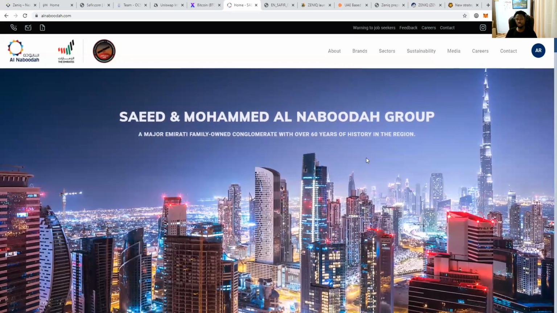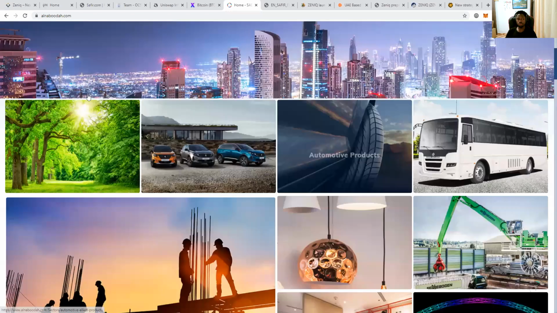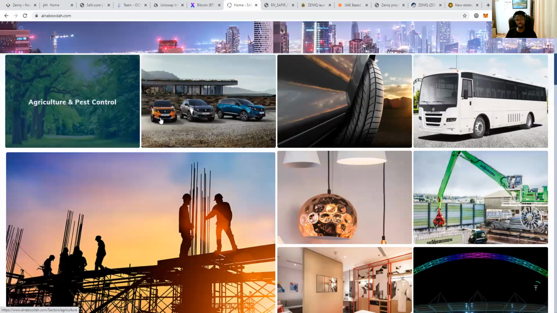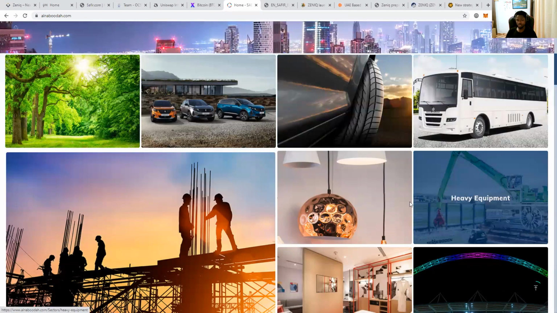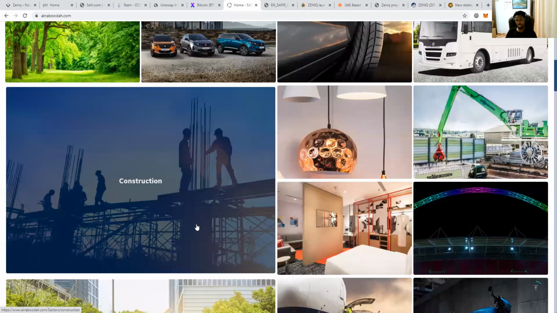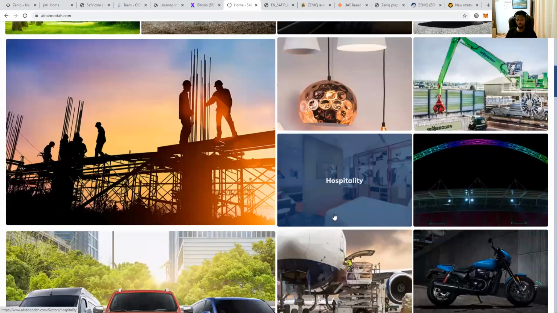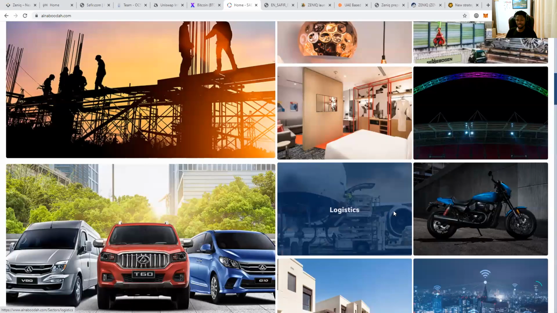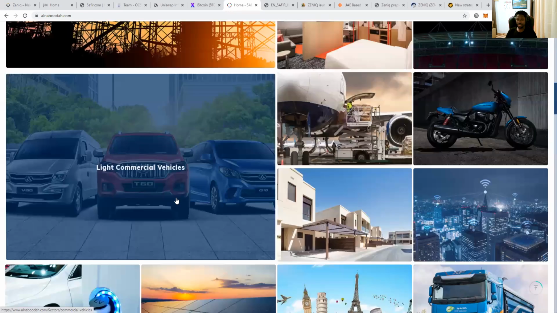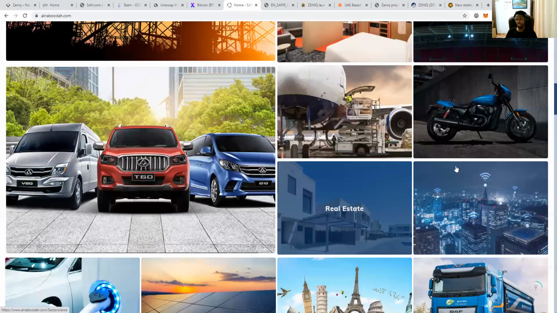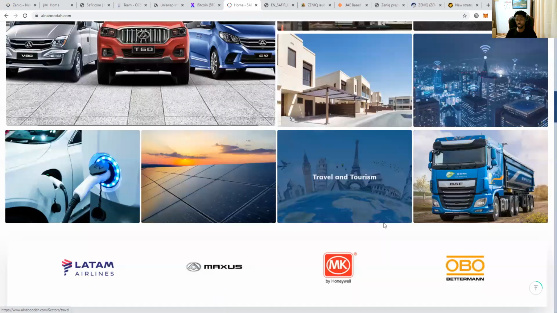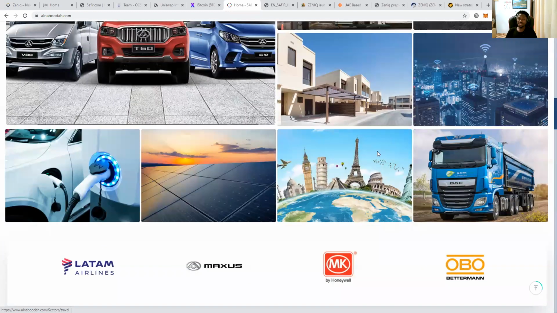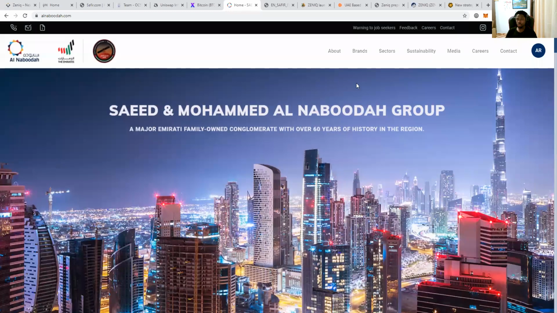Now, this group has been into multiple sectors like agriculture, automotives, heavy equipment, electricals, construction, lighting, hospitality, logistics, motorcycles, real estate, smart buildings, solar, and a whole lot. Now, the exciting thing is that this particular group is affiliated to ZENIQ.